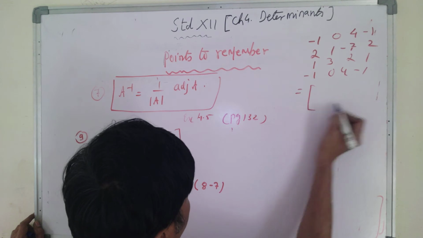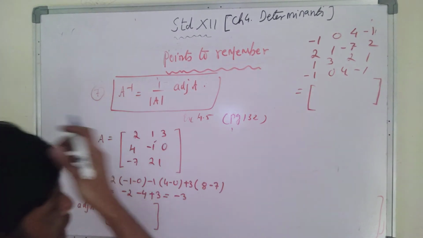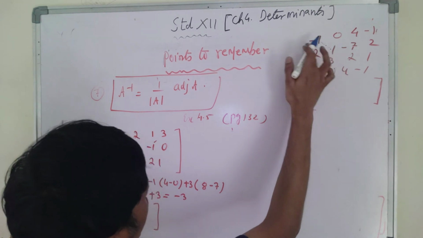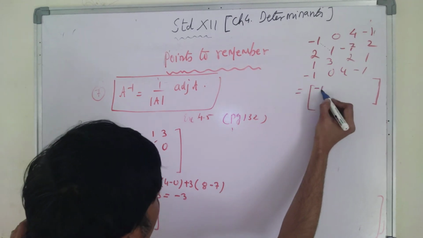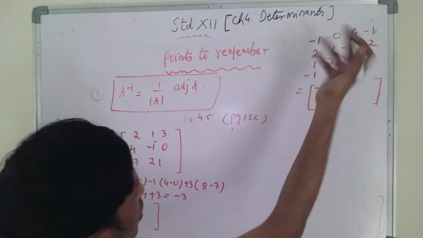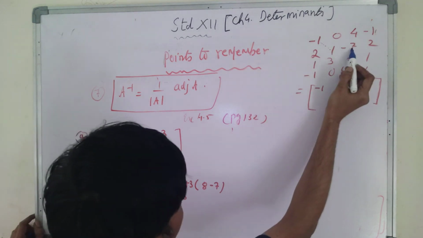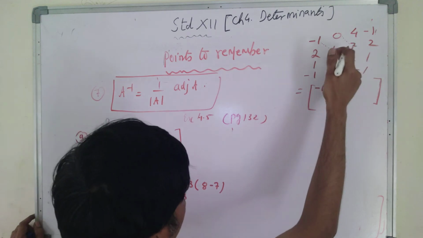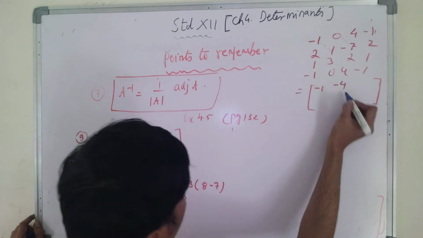Now you immediately take the cross multiplication and subtract. So this way, -1 into 1 is -1, -2 into 0 is 0, so I'm not writing. Again, -7 into 0 is 0. Minus of 1 into 4 is -4.